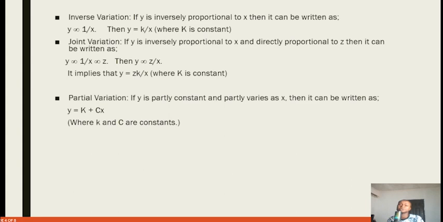So if y is inversely proportional to x and directly proportional to z, then it can be written as this. As you have seen on your screen here, we have y varies inversely as x and varies directly as z. If we join the two quantities together, which is the inverse and the quantity z, we have y varies as z and inversely as x, which is the same illustration.